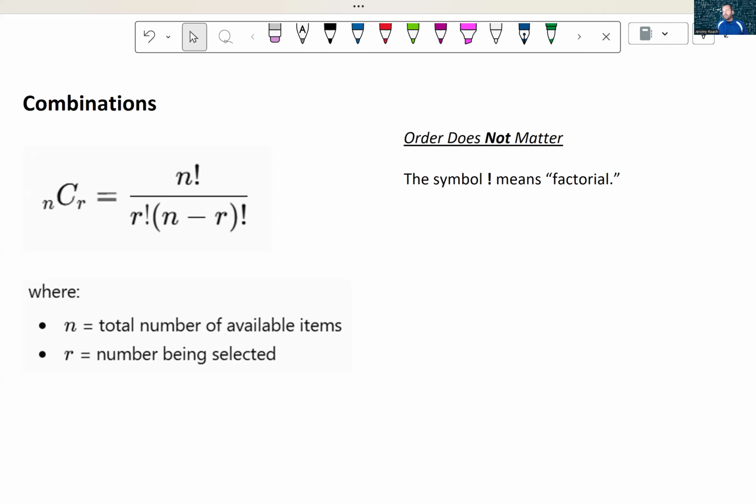A way that helps me to remember which is which, does order matter or does it not, is a real world example of a combination lock. Technically, a combination lock is a permutation lock. With permutations, the order of the numbers matters.